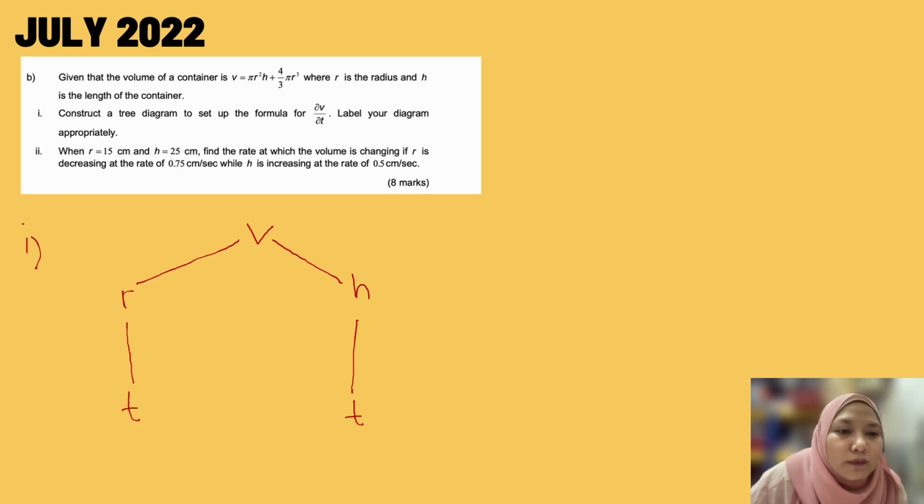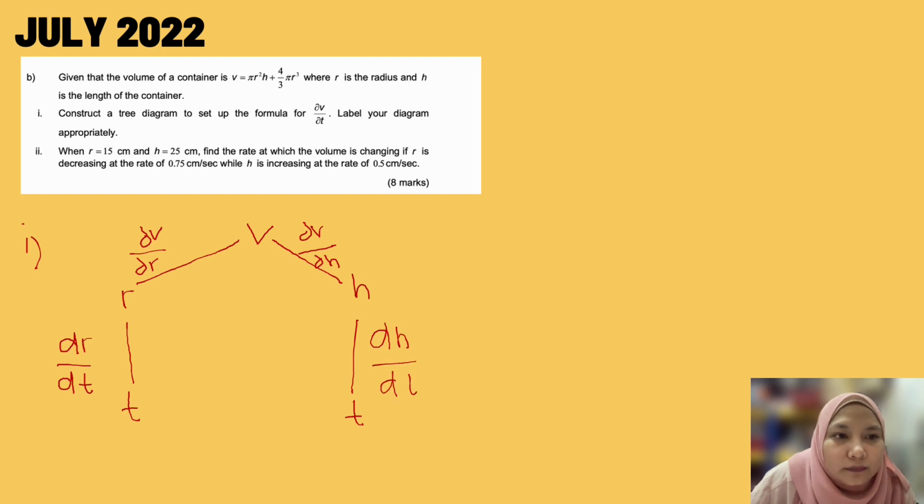If we differentiate V with respect to r, we have the partial derivative dV over dr, and if we differentiate V with respect to h, we have the partial derivative dV over dh. For r we have dr over dt, differentiating r with respect to time, and for h we have dh over dt.